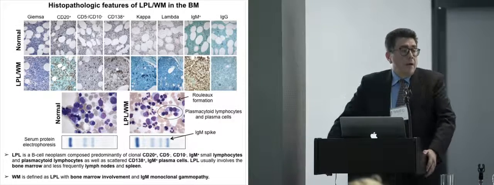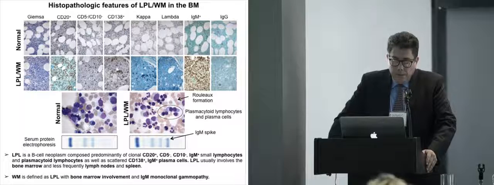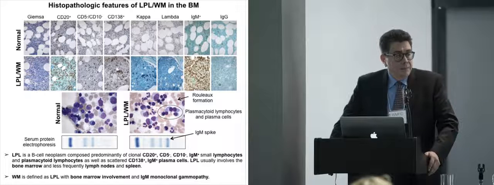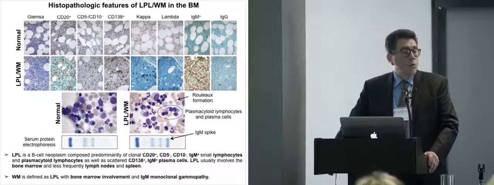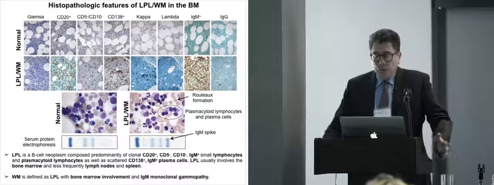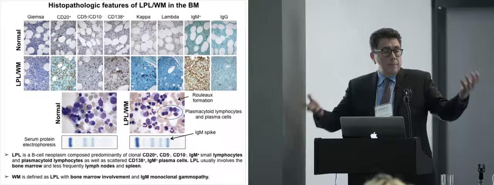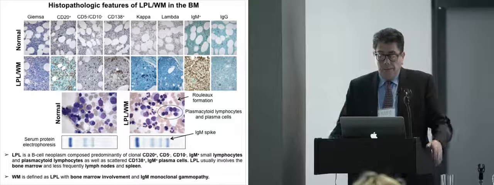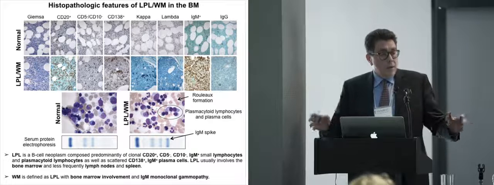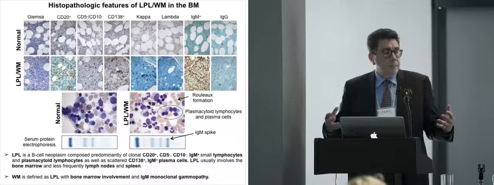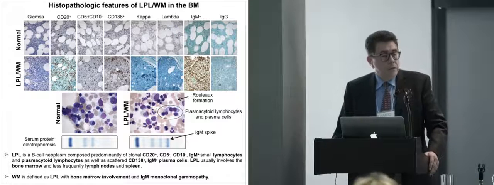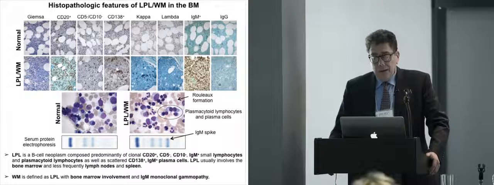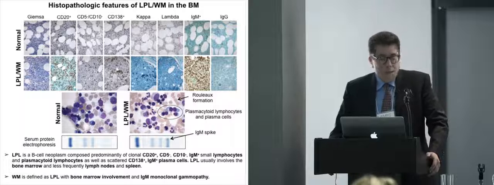I'm a pathologist. I'm a clinician that unfortunately doesn't have contact with patients, but we provide a lot of support to our clinicians. When we receive the biopsy from a patient, those bone marrow biopsies, we are the people that stain those slides, do sections, and do immunohistochemistry, and we are able to make the decision and say to the clinician, unfortunately, this is a patient with LPL, and this is the percentage of involvement in that bone marrow.